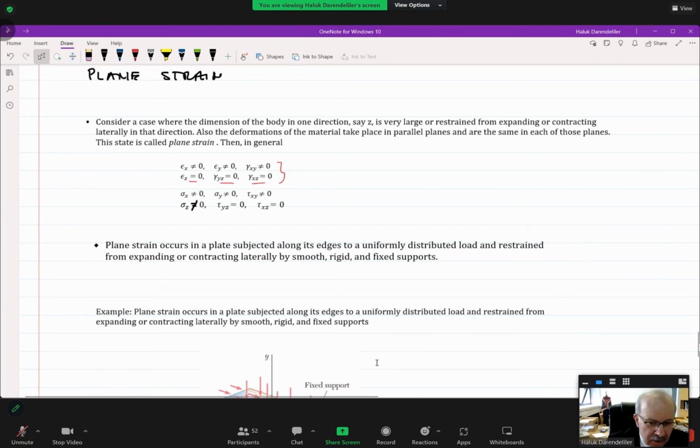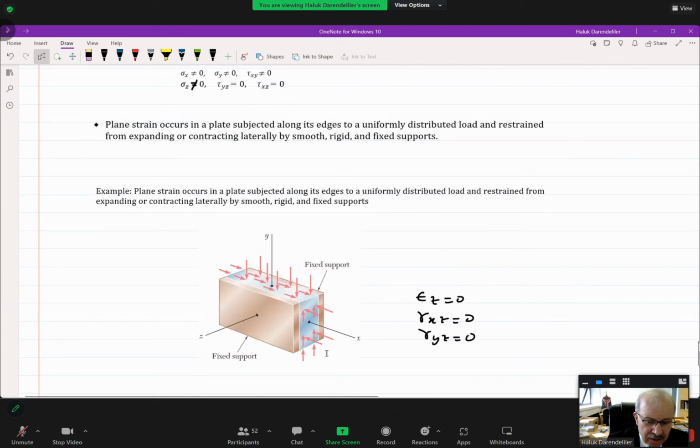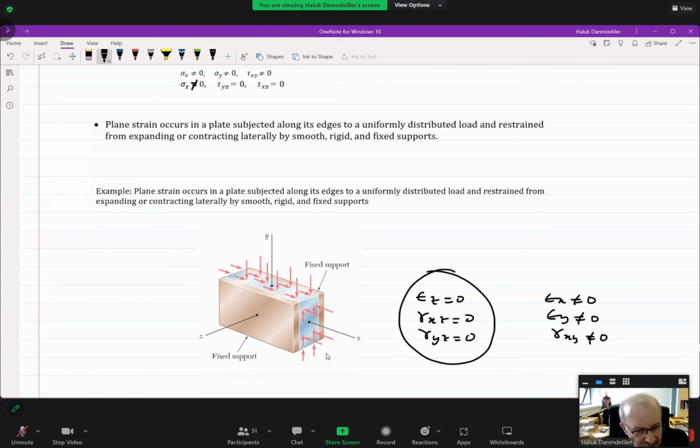So therefore, this is an example of plane strain. Now, let me write once more: we expect epsilon X to be non-zero, we expect epsilon Y to be non-zero, we expect gamma XY to be non-zero. The strains in one direction, here Z, it could be Y or whatever, are 0.